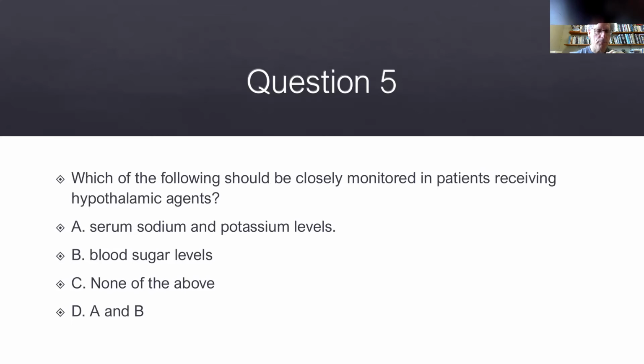D, A and B. The answer is D, A and B: serum sodium and potassium levels, and blood sugar levels. Other aspects that should be monitored include periodic radiographic analysis of long bones, hydration, and nutrition. Very good.